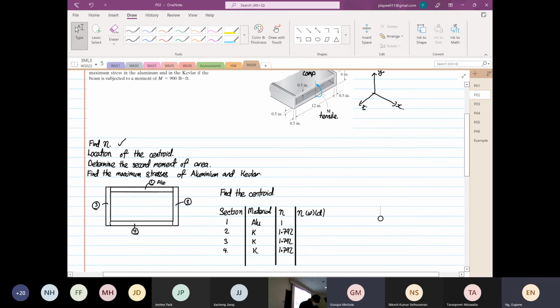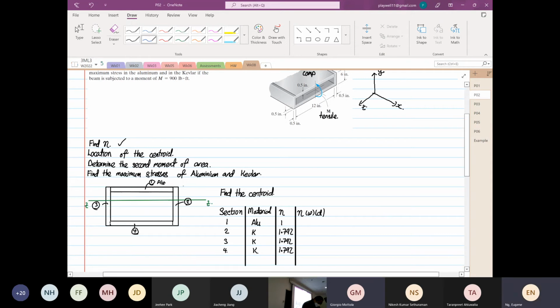So what we are going to find out regarding the second moment of area, we are interested in the ZZ axis. So this is our ZZ axis.